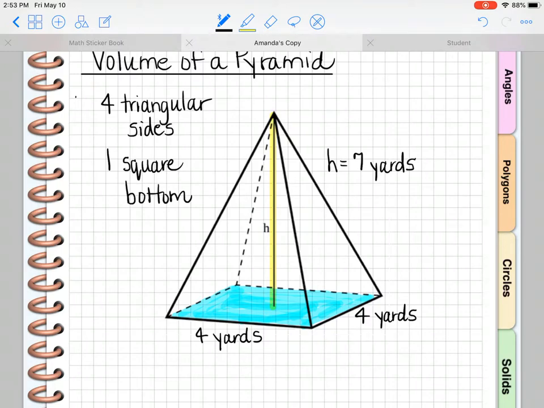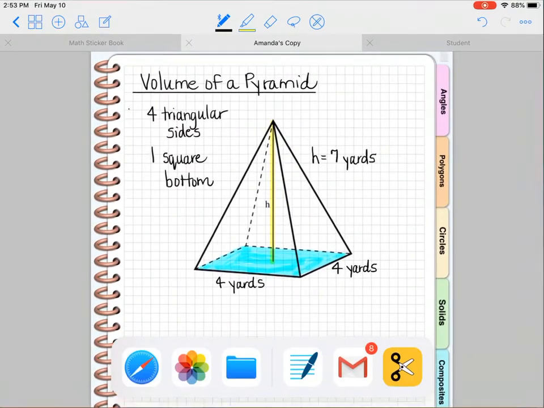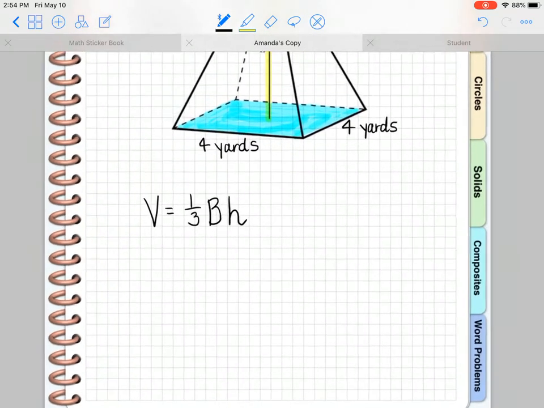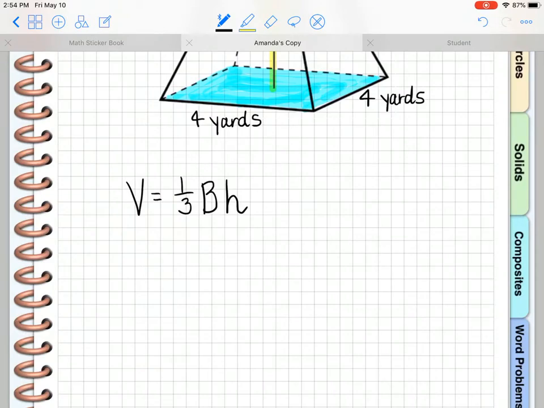It's a good trip. Okay, let's calculate the volume of this pyramid. If you want to know what one of these looks like on the inside, you can go to Memphis and see it. The formula for volume of a pyramid is V equals 1/3, a big capital B, and an H. And I know that you've seen B in problems before, but it was the lowercase b. So here's what this formula is saying to me.